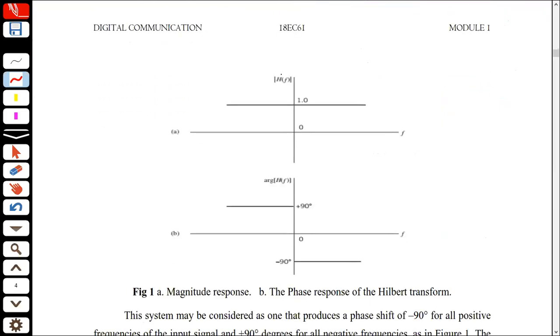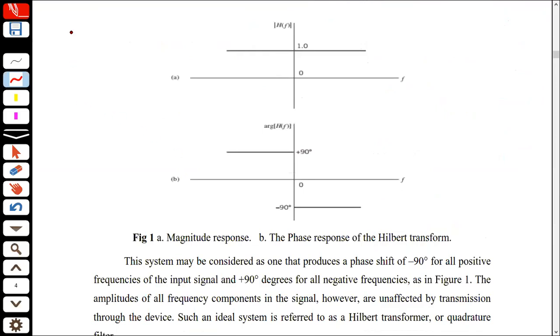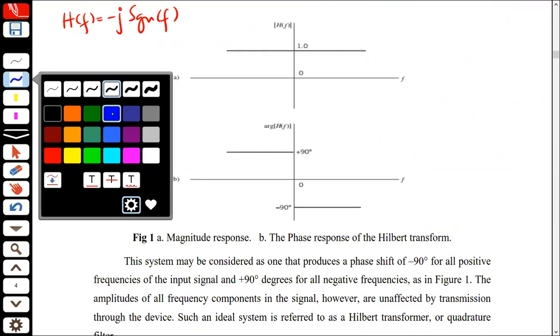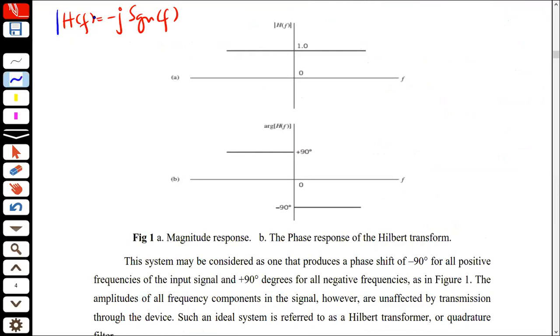Now we know that H of f is equal to negative j signum function of f. If I apply the modulus operator to this, what happens? If I have a negative value and I apply the modulus sign, even though it is negative, it changes to positive.